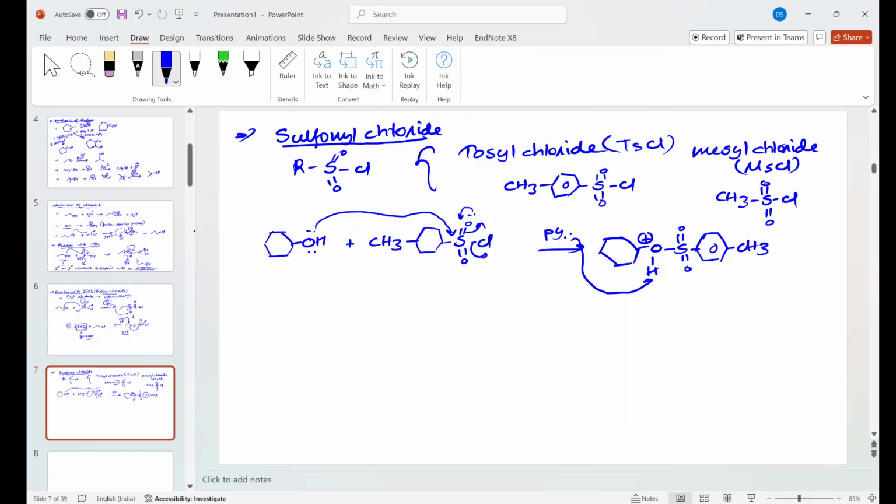This is lone pair, it will abstract this one and will get to your stable intermediate. Now finally your chloride minus will come here.